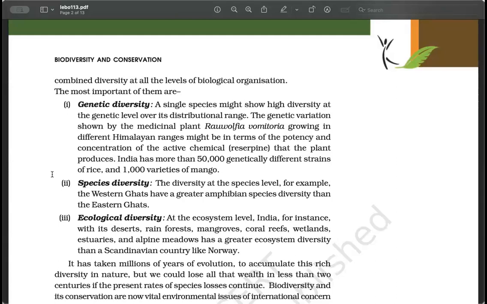From species, as we go to the habitat level, which is the ecosystem that we talked about in the last class, you will appreciate that an ecosystem could be very small or very huge. So we are going to talk about the standard ecosystems that we read in the textbooks, like deserts, forests, rainforests, mangrove forests, marshlands, coral reefs, etc. And at the level of habitat also, we see that there is diversity in regions.